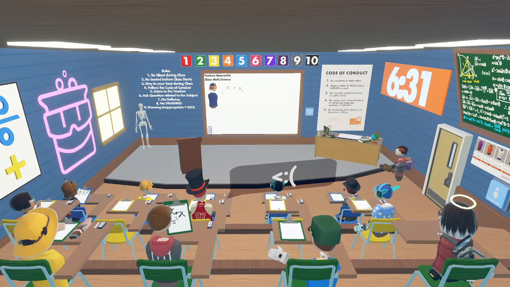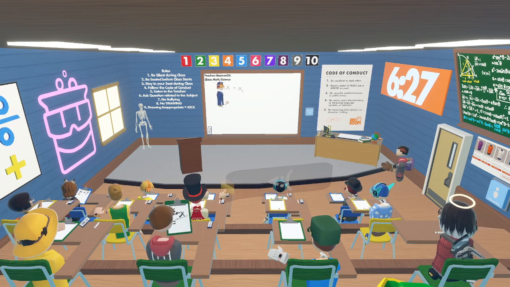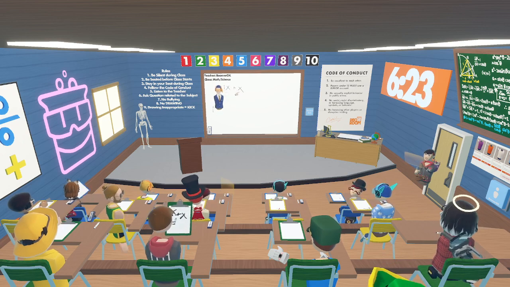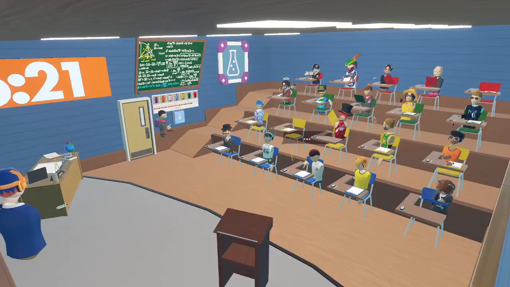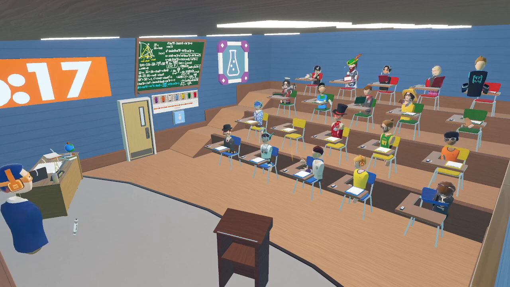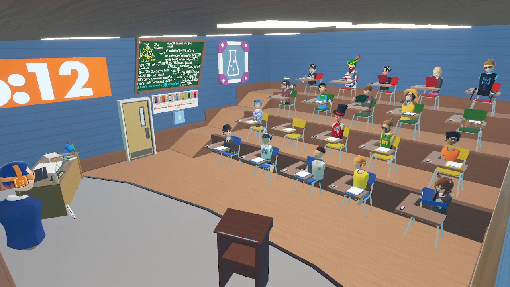A coefficient is basically a number in front of any variable. If there's no coefficient in front of the variable, it's just a 1 basically. So you can just imagine there's a 1 there. Usually we don't put it there, but we can just imagine there's a 1 in front of that.